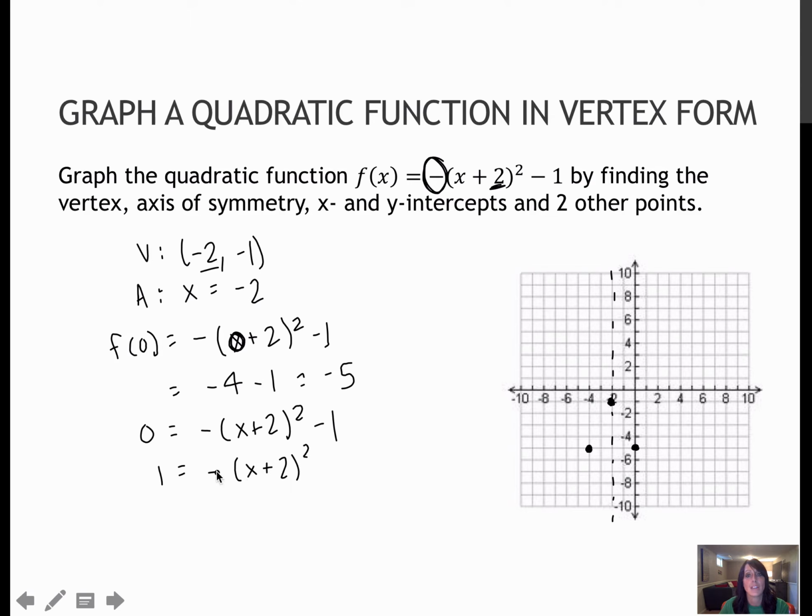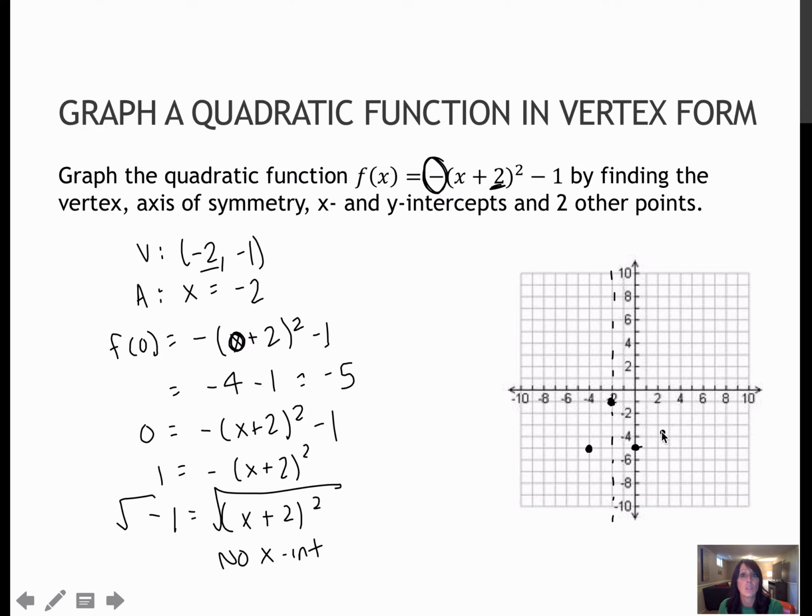I've got this negative here, so I would divide each side by negative 1. And then I would take the square root of each side. And of course on this side I'm taking the square root of a negative, which makes it imaginary, which means there's no x-intercepts. So I found that y-intercept here at negative 5, but there are no x-intercepts, which makes sense because we know this is going to point down.